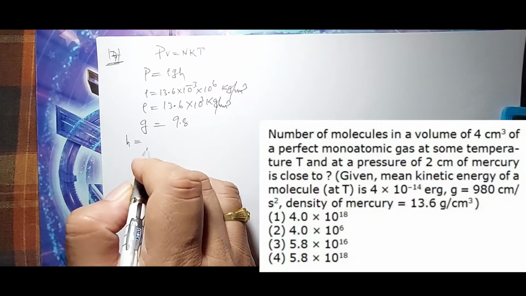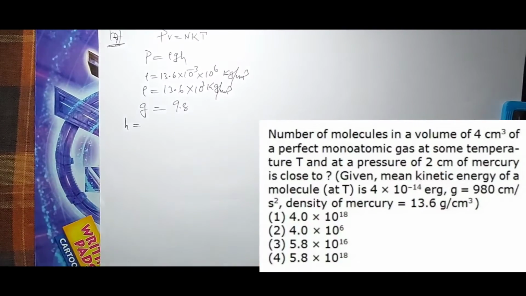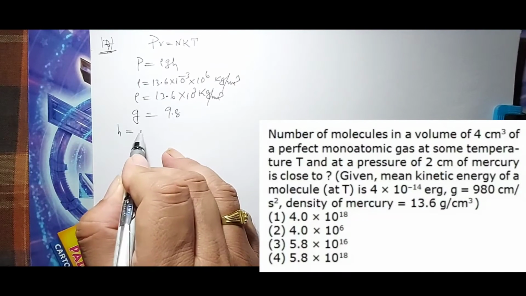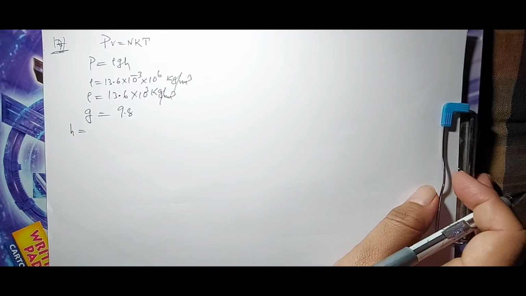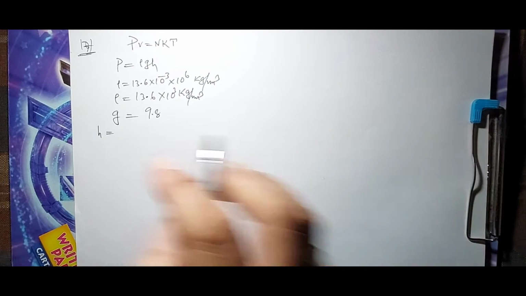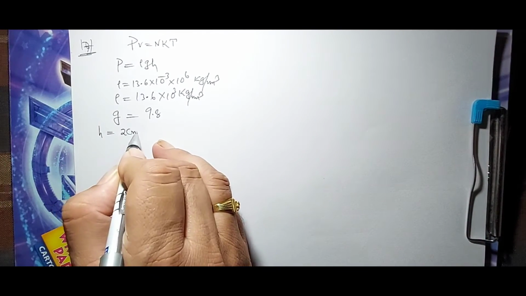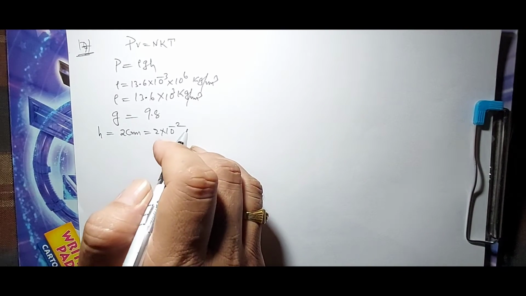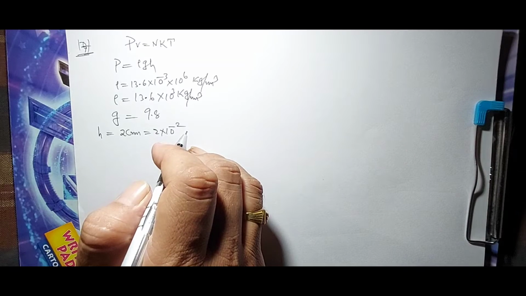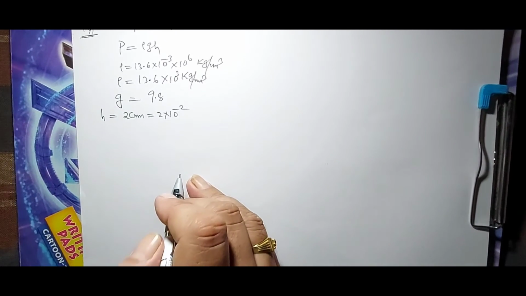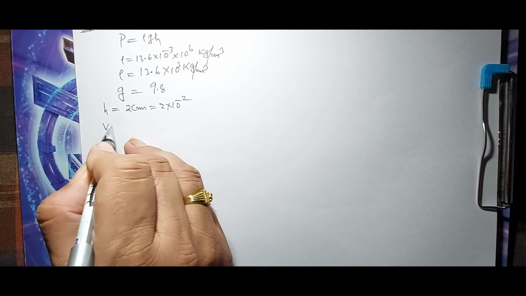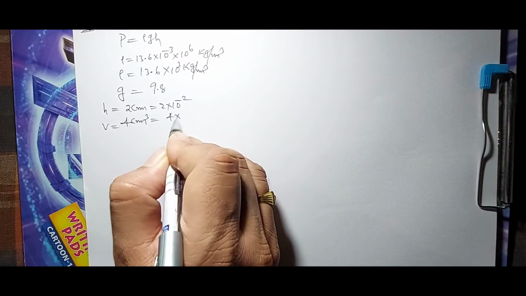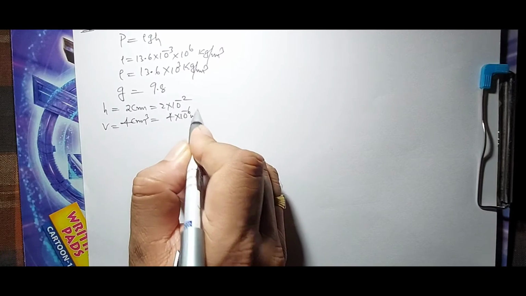H is the given 2 centimeters of Hg, that is 2 × 10⁻² meters. The volume 4 cm³ is equal to 4 × 10⁻⁶ m³.